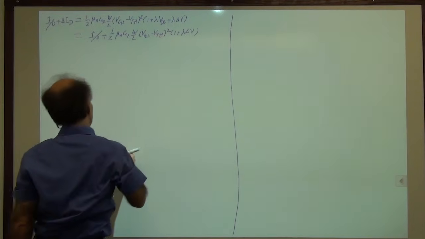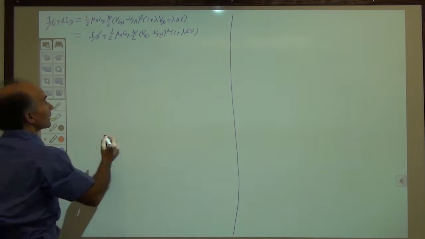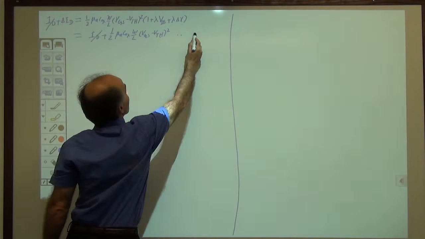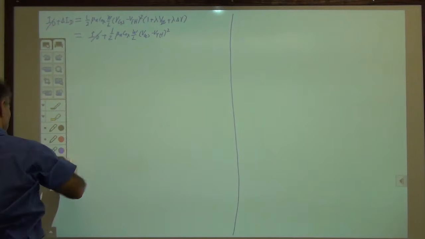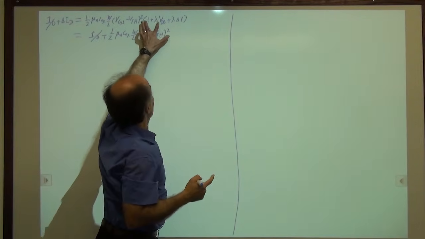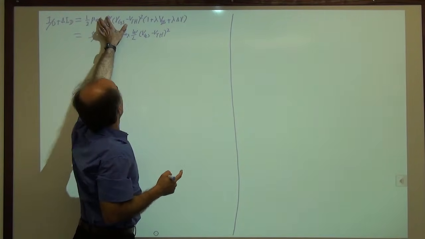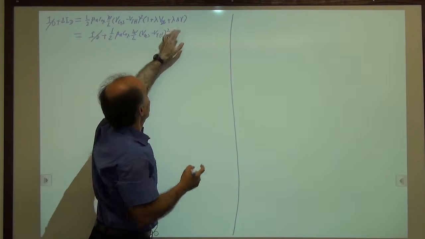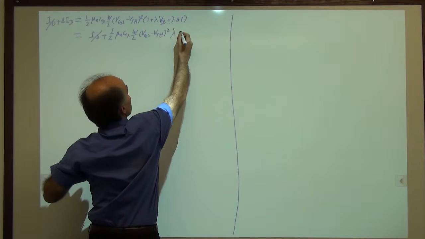I'm sorry, I don't have a 1 there. Let me erase this. Okay, so we already used that (1 plus lambda VDS) for this to get ID, so all that's left is lambda times delta V.